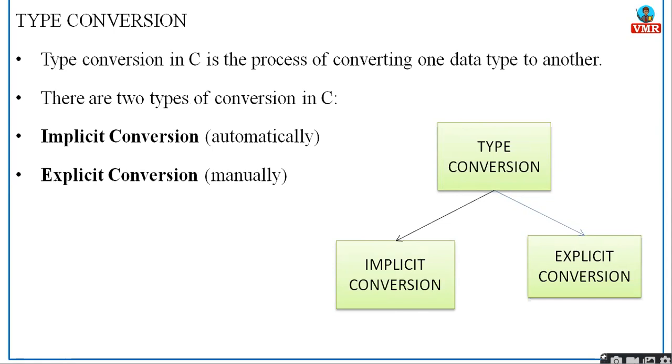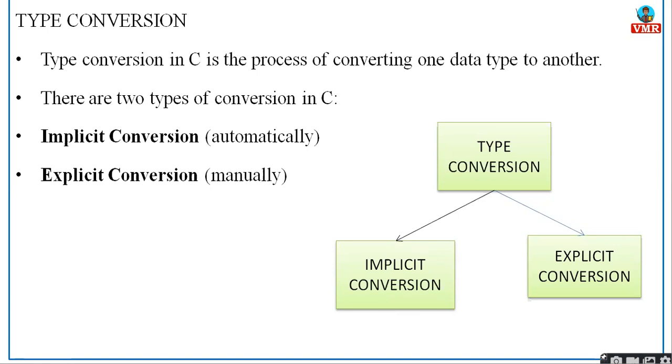Type conversion in C is a process of converting one data type to another data type. As you know, it is divided into two types: implicit conversion and explicit conversion. Implicit conversion is automatic, and explicit conversion is manual. If the compiler itself converts one data type to another, that is implicit conversion.